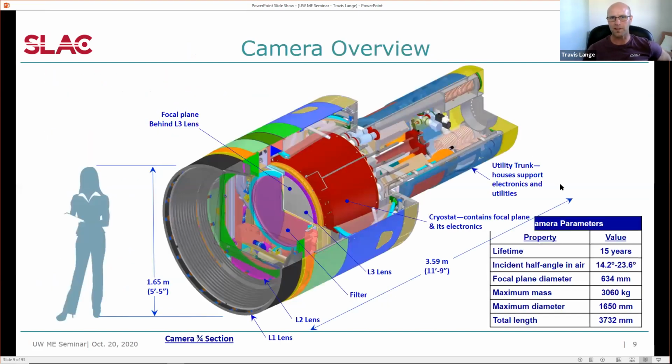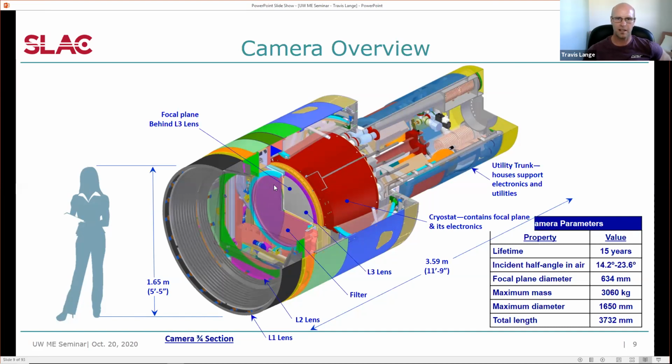So here's a brief overview of the camera with a 3/4 cut section out of it. This red section in the middle, and actually, can you guys see my cursor when I move my cursor? Andy? Yes. Okay, thank you. So the cursor here, this red is the cryostat. So the cryostat is what houses all of the CCDs and the readout and digitization electronics for those CCDs. And in front of that is the third corrector optic, the L3 lens, which is also a vacuum barrier.